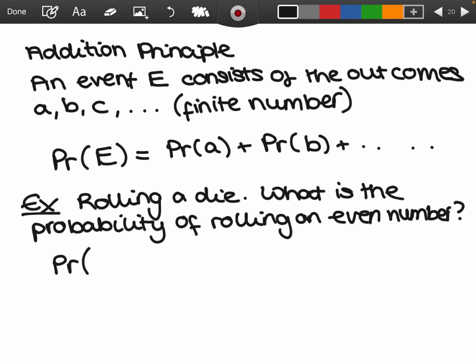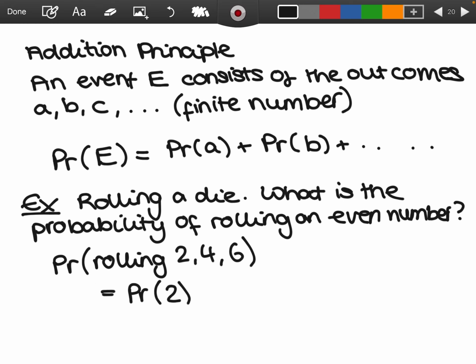Okay. Well, the probability of rolling an even number is going to be the probability of rolling a 2, 4, or 6, which is just going to be the probability of rolling a 2 plus the probability of rolling a 4 plus the probability of rolling a 6.